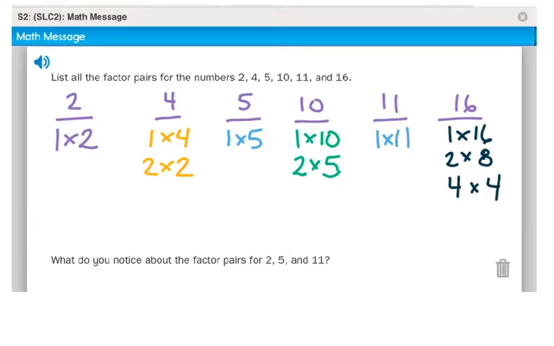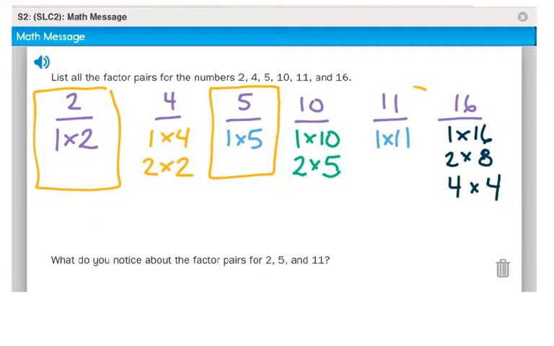What do you notice about the factor pairs for 2, 5, and 11? I notice they only have 1 pair of factors.